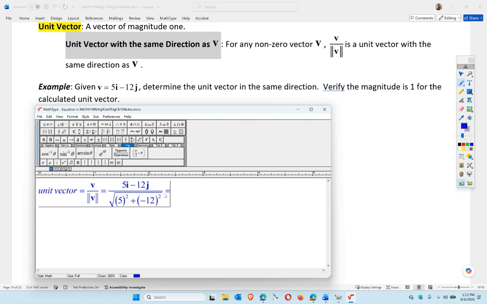Now we get a little math to calculate the unit vector. This is 25 and 144, so this is 169, which is of course 13.